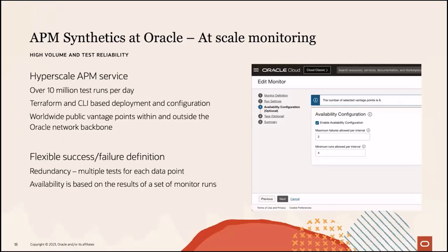But one thing is to be able to run so many tests, and to configure so many tests is also a problem, right? If you have one application, you go through the UI and you configure it. But if you need to deploy it 100 times, you better script it. APM is part of OCI, and everything in OCI is available in the very same way through a CLI or Terraform or other programming, through APIs.